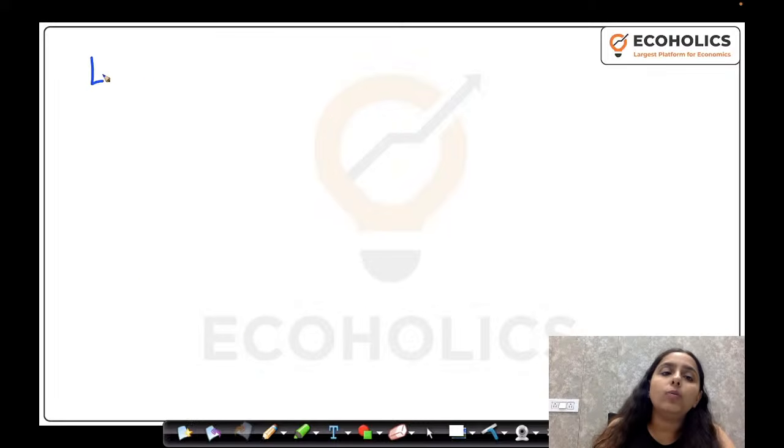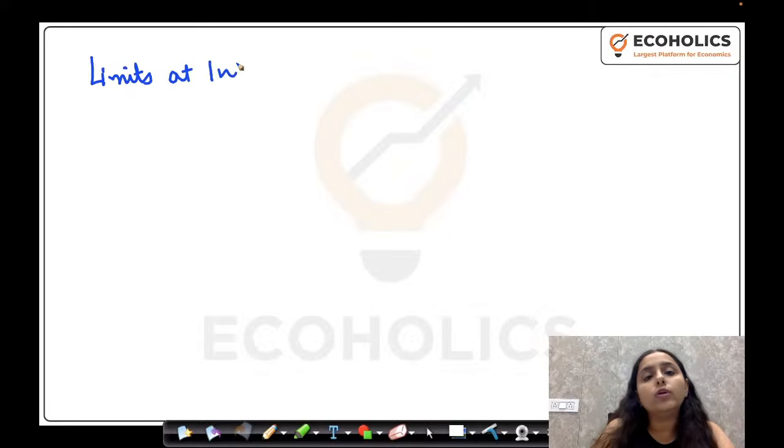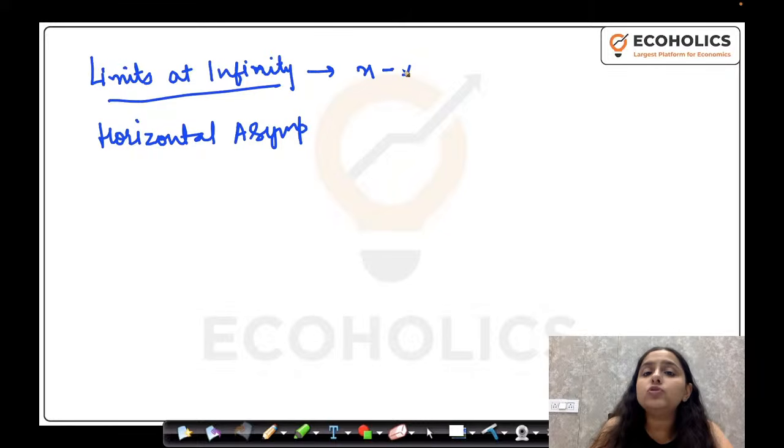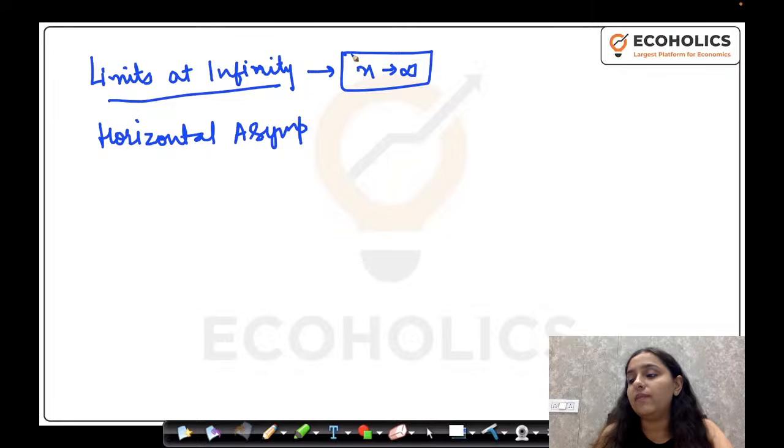Now, when I talk about limits at infinity, I'm going to have horizontal asymptotes. Why am I going to have horizontal asymptotes? Because here x approaches infinity. So x approaching infinity means the asymptotes will be available on the x-axis.